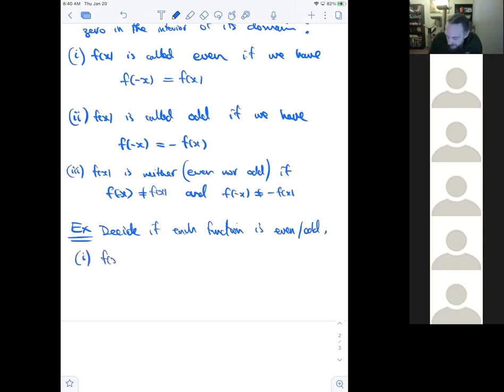So if f of x is equal to cos x plus the absolute value of x plus x squared plus 1.